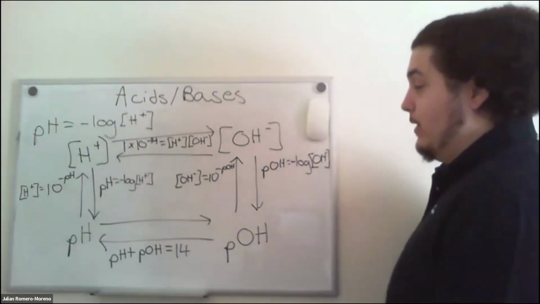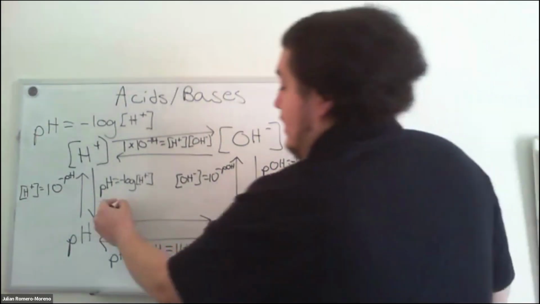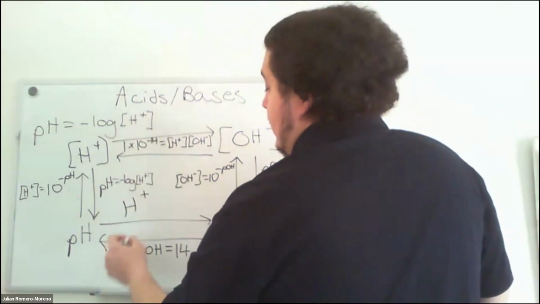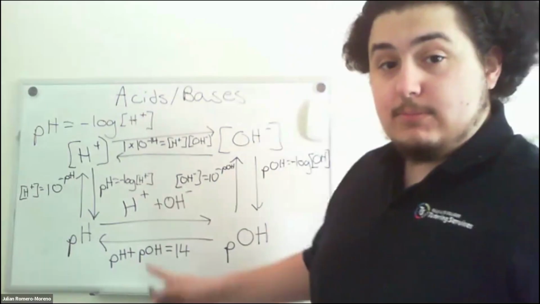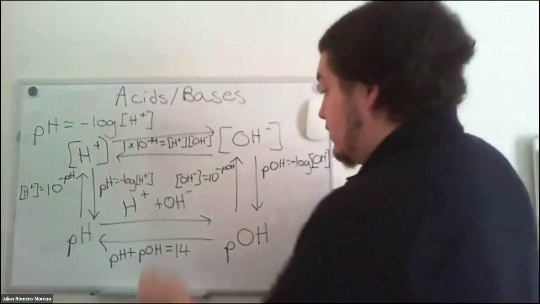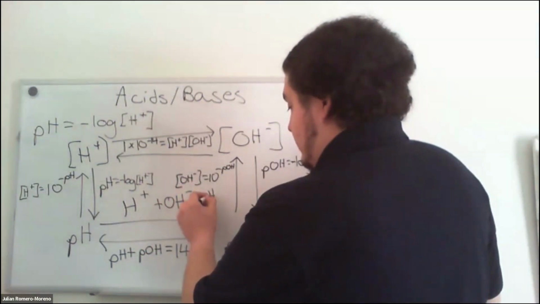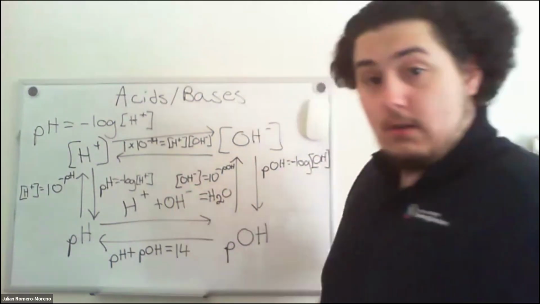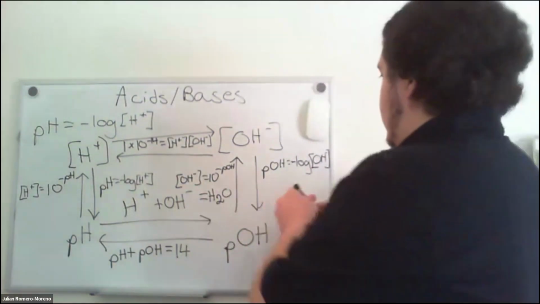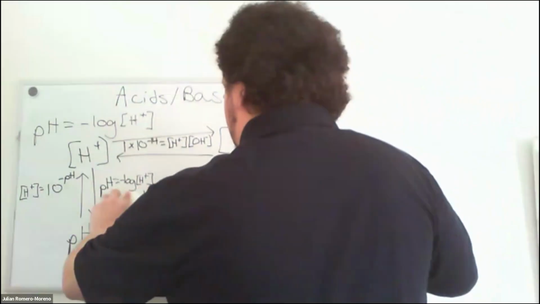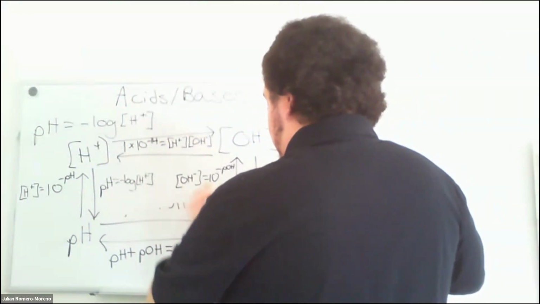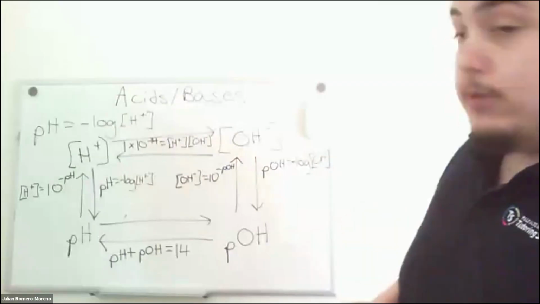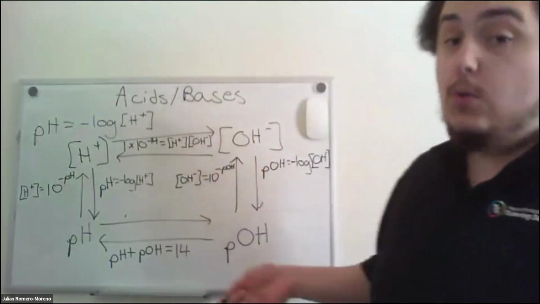And one thing you might notice is that H plus and OH minus, that is 2 hydrogens and 1 oxygen, which just so happens to be H2O. And we can take advantage of that fact to use this pH scale. Now, to be clear, this all applies in water.